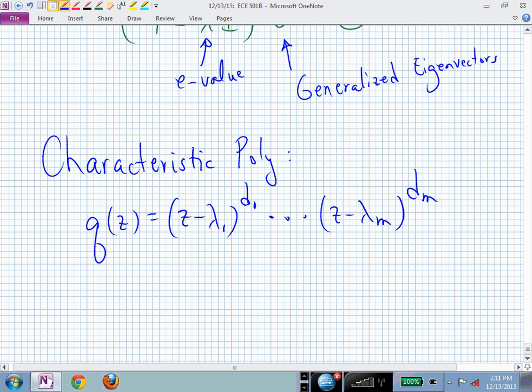Sort of jumping ahead, we also learned in chapter 10 how that characteristic polynomial could actually be found by looking at the determinant of zI minus, well, let me do it this way.